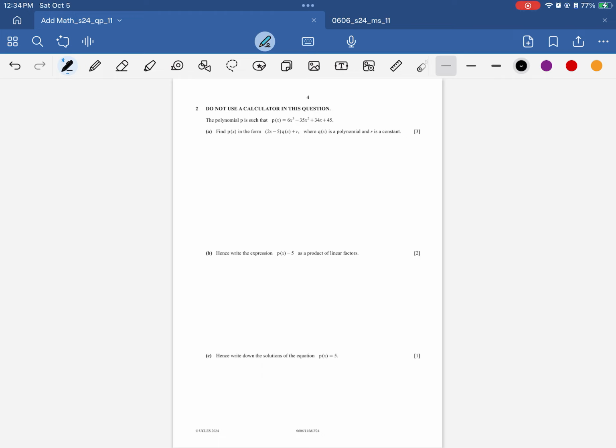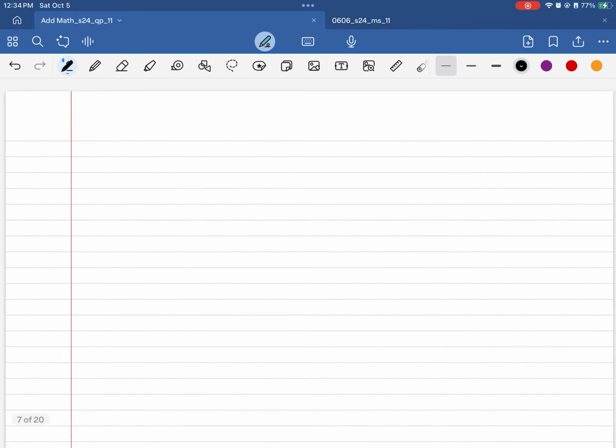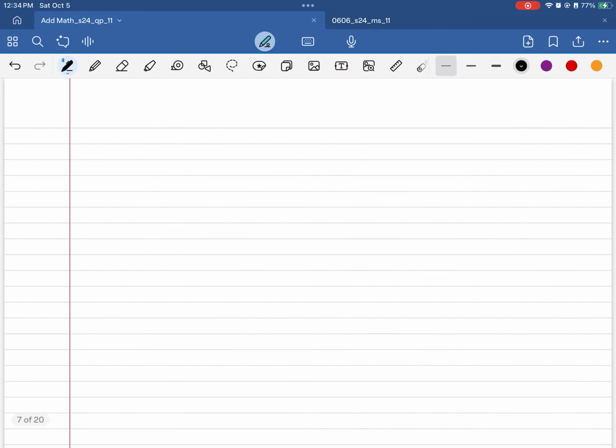a constant. Now, there are two methods of solving this question. The first method is by multiplication, the second method is by long division. I'm going to cover both methods, and you can actually choose the method that you prefer.